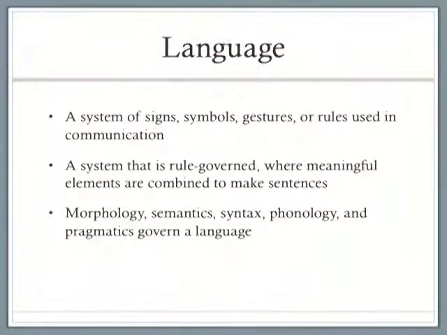What is language? We all use a certain language, a system that is comprised of signs, symbols, gestures, or certain rules used in communication. So, for example, we have spoken language, we have written language, and we have sign language, right? They're all ways of using a system of signs or symbols.